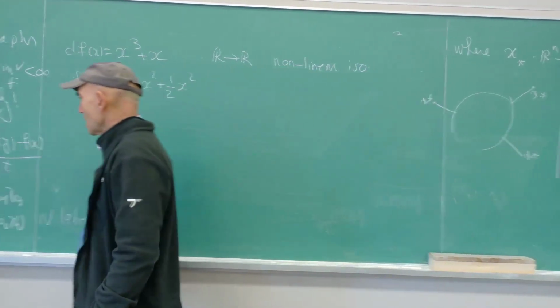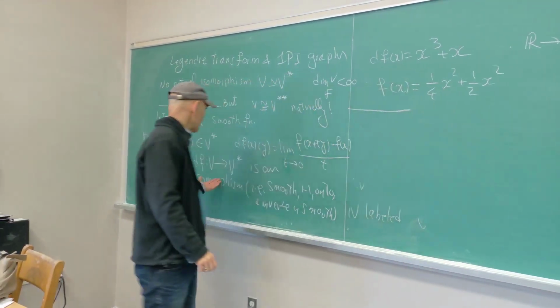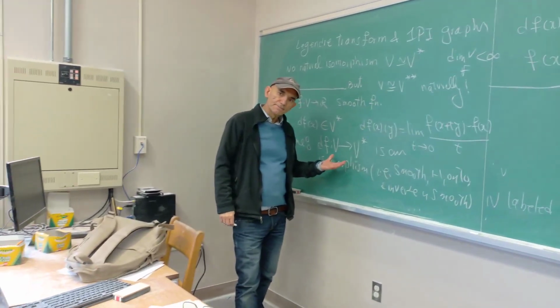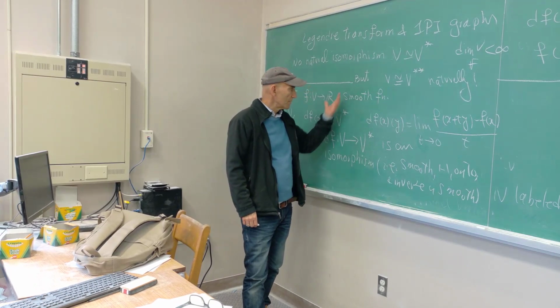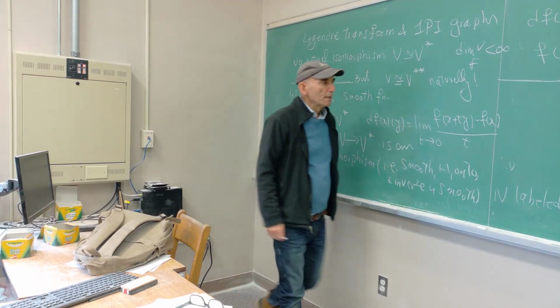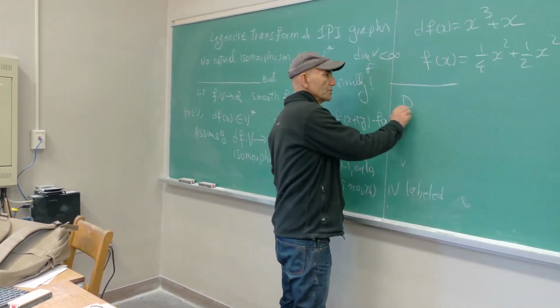Okay, anyhow, we are back to the general case. We look at a function that has this property. Then we can define the Legendre transform. So this is the definition.